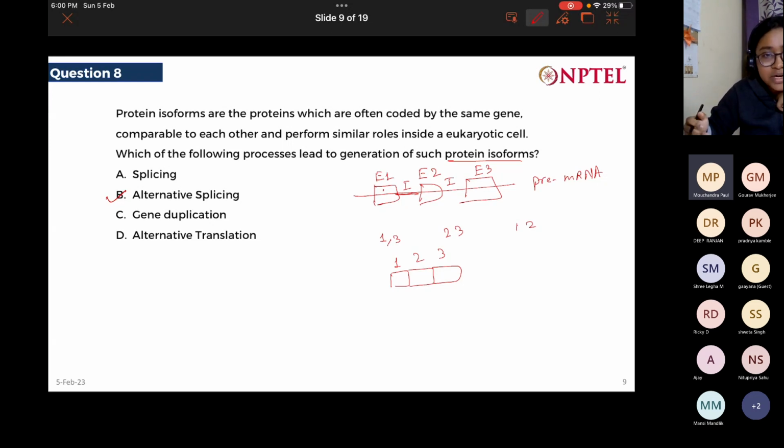When these mature mRNAs are translated, they form different proteins. The functions these proteins play are similar, but they are not the same. So this has to be remembered. These proteins are thus called protein isoforms, and protein isoforms come from the process of alternative splicing. So the answer here will be B.